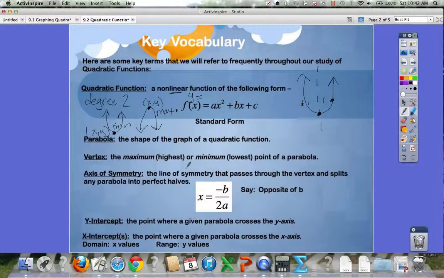The axis of symmetry has a specific formula, and that is this one right here. That's x equals the opposite of b divided by 2a. Say the opposite of b because sometimes b is going to be positive, sometimes b is going to be negative in our standard form, but you're always going to do the opposite of that and then divide by 2 times a.